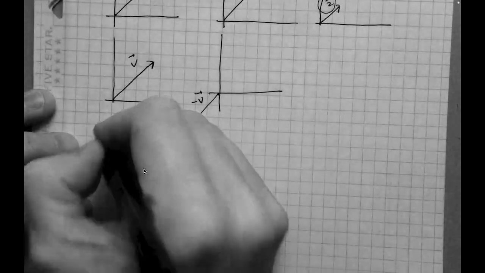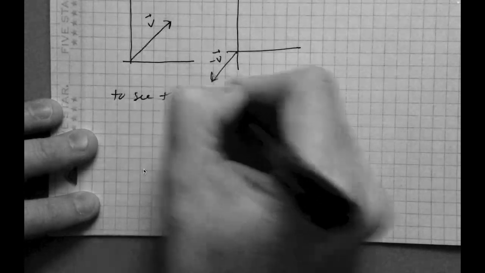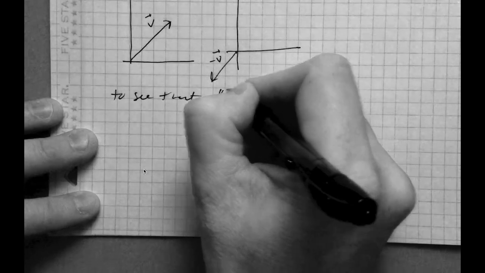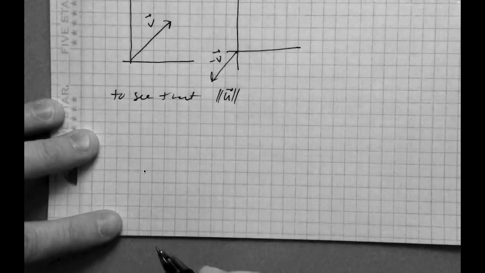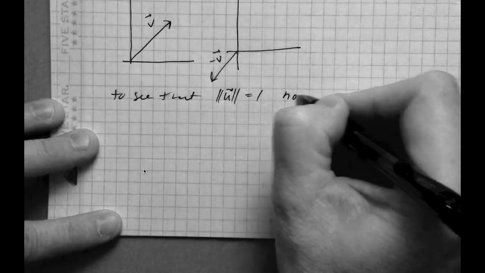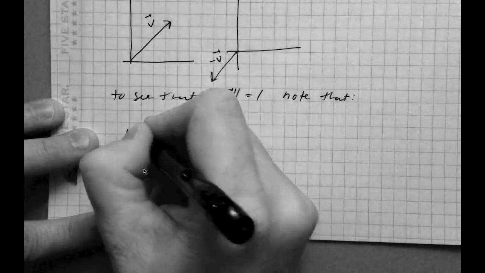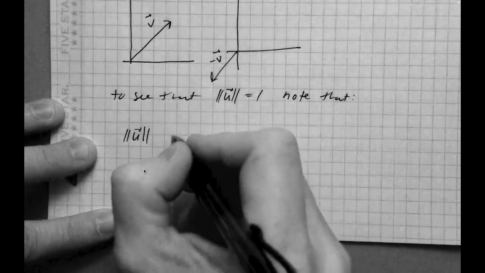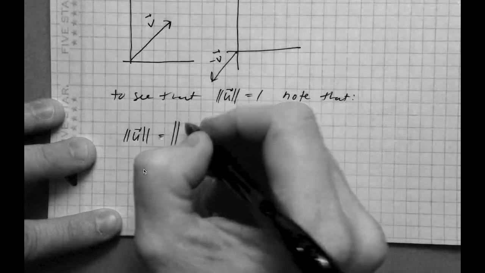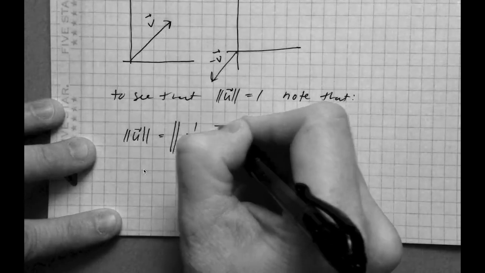Now, what about the magnitude? To see that the norm of u, the length of u, is equal to 1, here's how we can do it. We start with the norm of u, and let's write out how we've defined u. So u is 1 over the norm of v times the vector v.